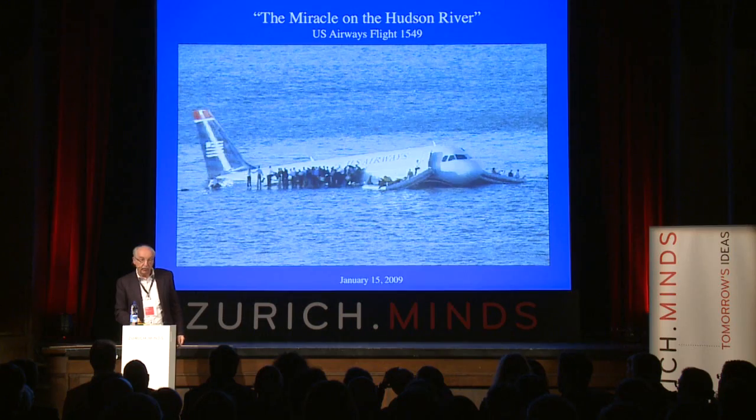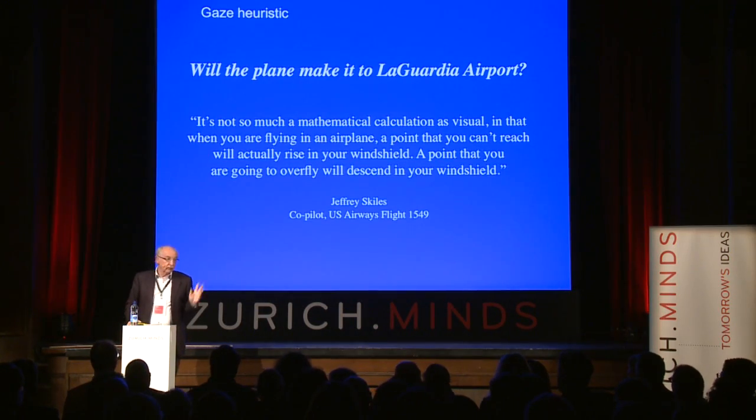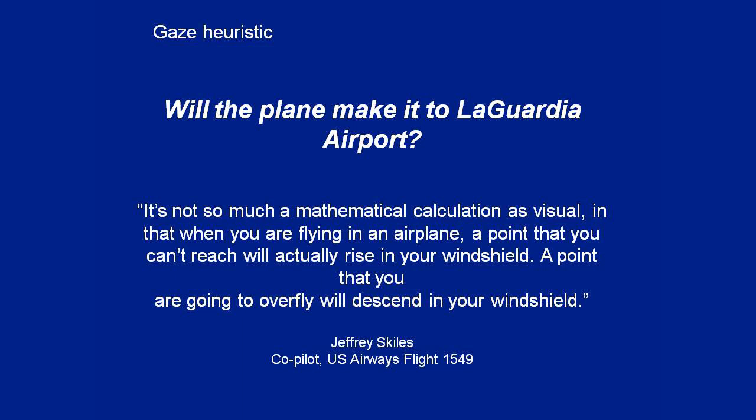No. The pilots are trained to use the same heuristic. So, how does it work? If you fixate on the tower, and if in your windshield the tower slowly goes up, you will not make it. That's what the co-pilot actually says. Okay. That's the first illustration of a heuristic.